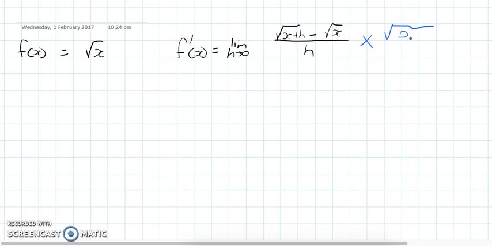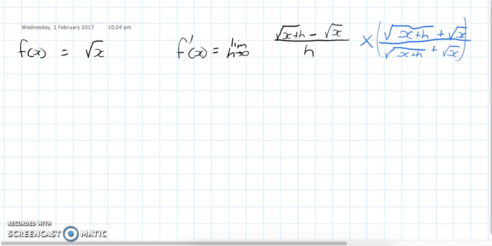The square root of x plus h plus the square root of x, divided by the same thing again, square root of x plus h, plus the square root of x. And let's just chuck some brackets around there because we can.